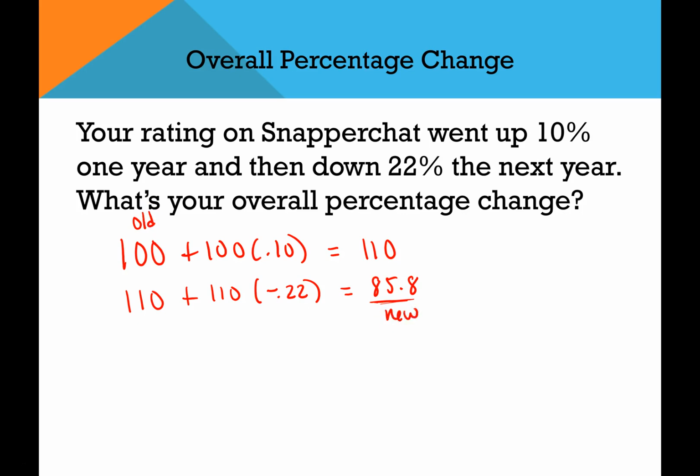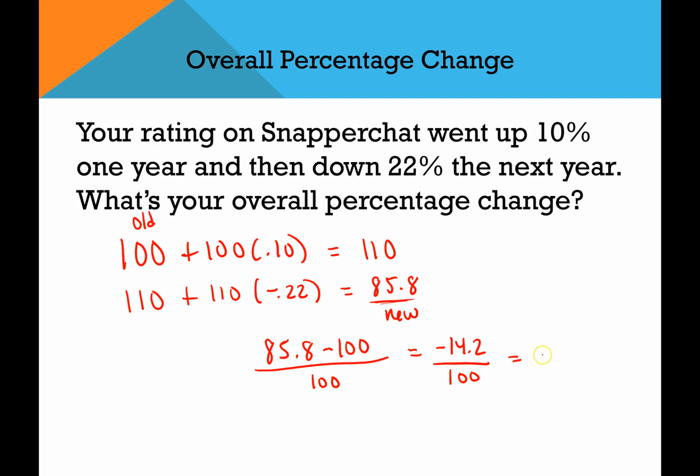So we're going to do new minus old over old. So that's going to be my new, which is 85.8, minus my old, all over my old. So this is going to be 85.8 minus 100, which is a negative 14.2 divided by 100.